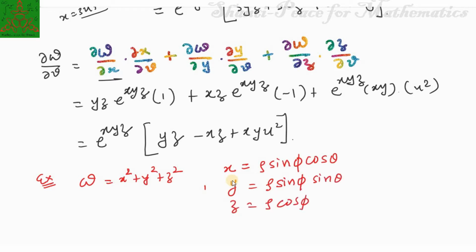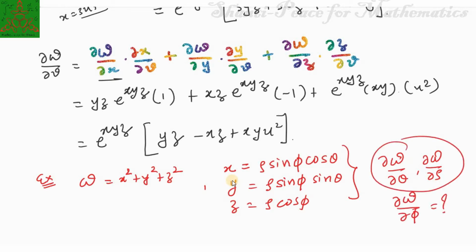So this is nothing but the spherical coordinates, which is well known to you, and the question is to find del w upon del theta and del w upon del rho. I am giving you as an exercise that del w upon del phi you can calculate yourself. I will calculate this one here.